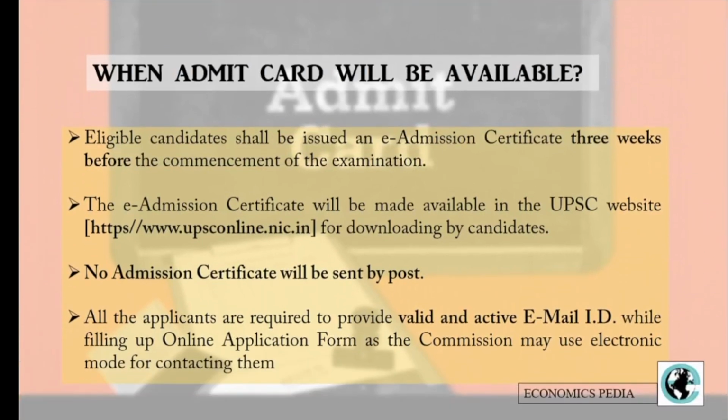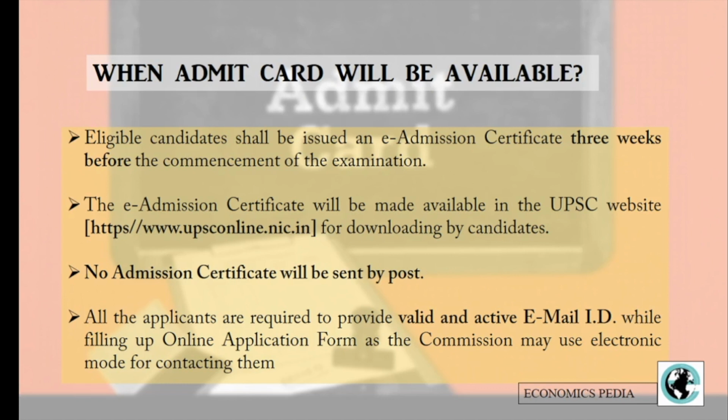Next, about the admit card, when it will be available. The eligible candidates will be issued an e-admission certificate 3 weeks prior to the commencement of the examination. To download the e-admission certificate, you again have to visit the website of UPSC, that is www.upsconline.nic.in. All these websites you can find below in the description box. You can go through that and fill out your application form, and also download the admit card.